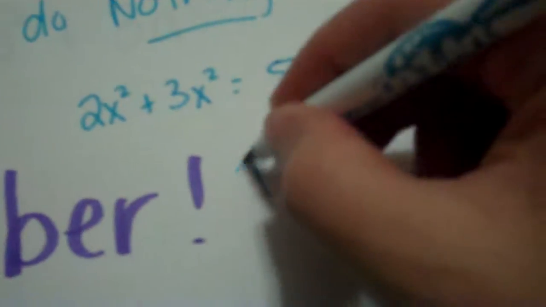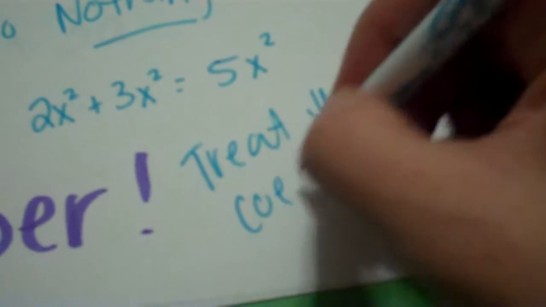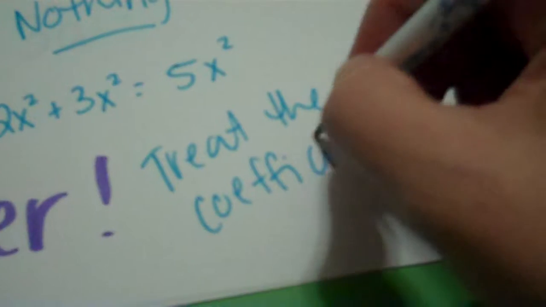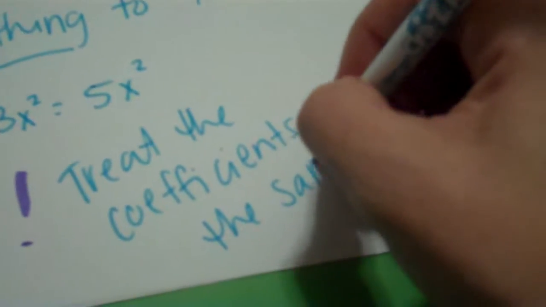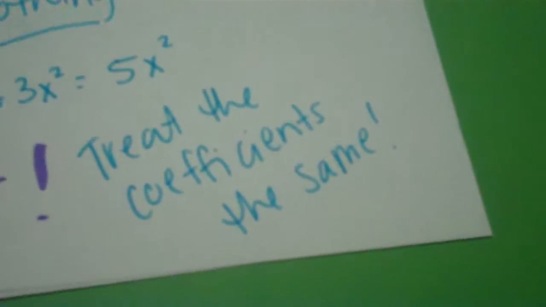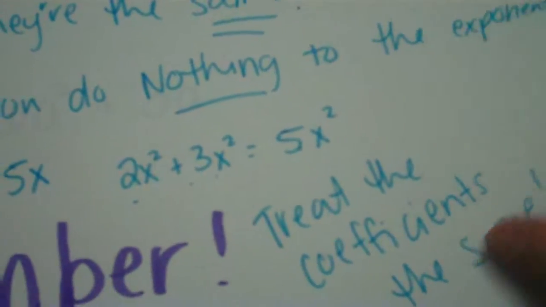Remember, treat the coefficients the same. And what I mean by that is you're actually just going to add those coefficients, which you've done before. That's nothing new, but just don't do anything with the exponents.